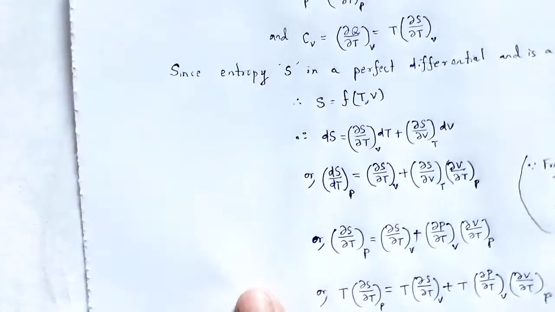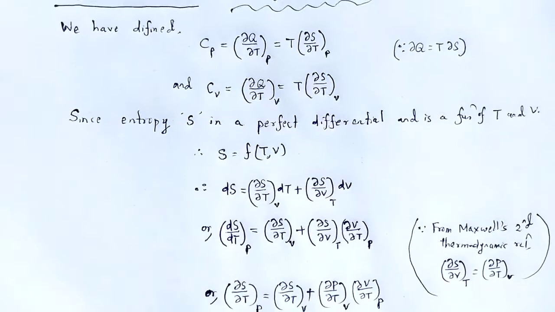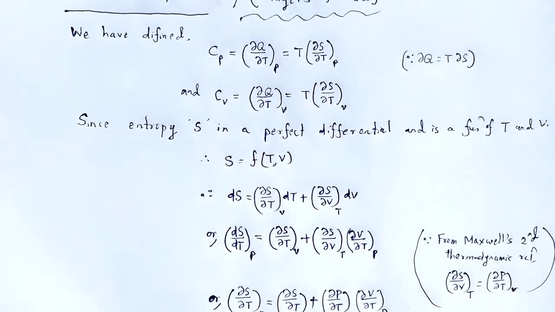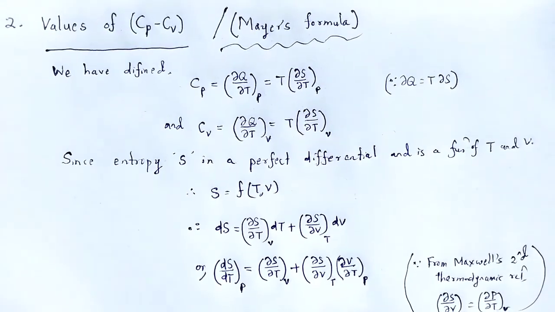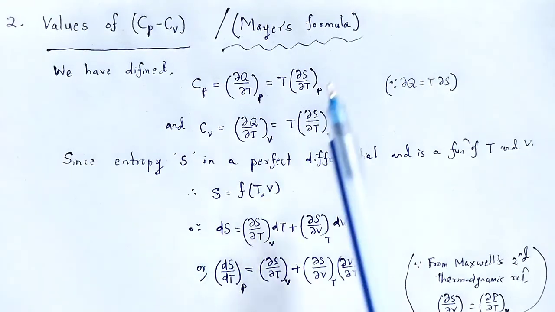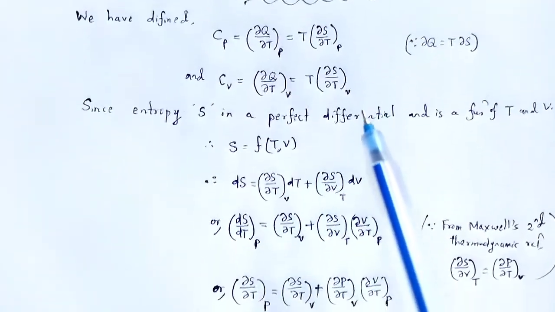So with the help of this video lecture, we understand another application of Maxwell's thermodynamic relation. With the help of Maxwell's thermodynamic relation, we calculate the value of Cp minus Cv, which is known as the Mayer's formula.